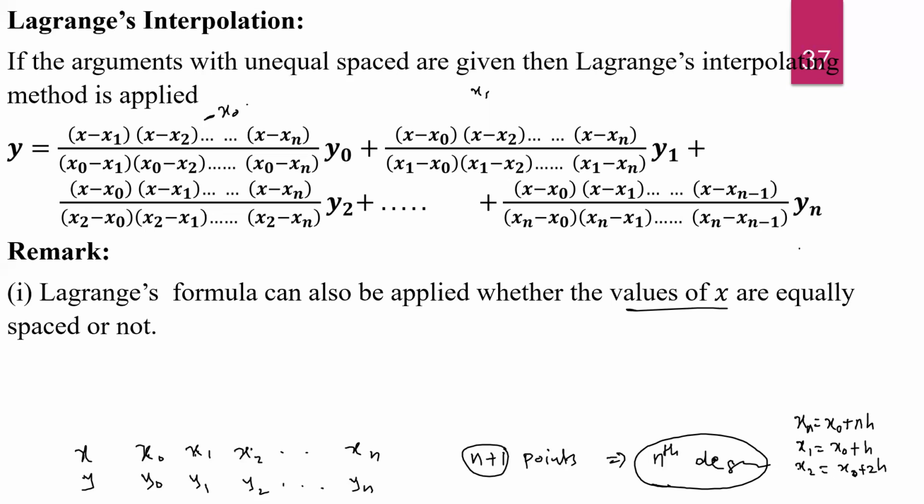The difference between x2 and x1 is h. x3 is equal to x0 plus 3h. So throughout the difference is the same, that is h. But right now here the difference may be equal or not equal, and still we use Lagrange's interpolation formula.